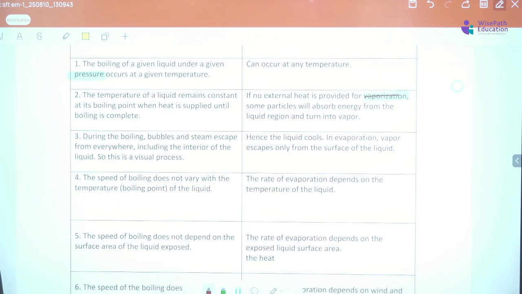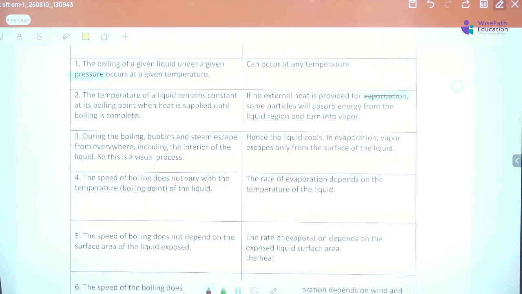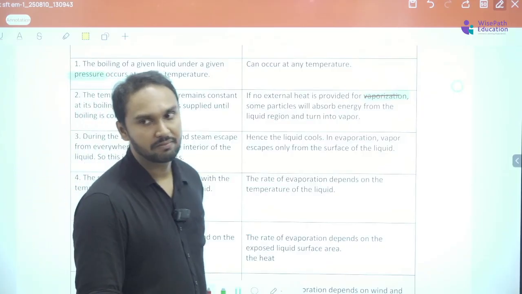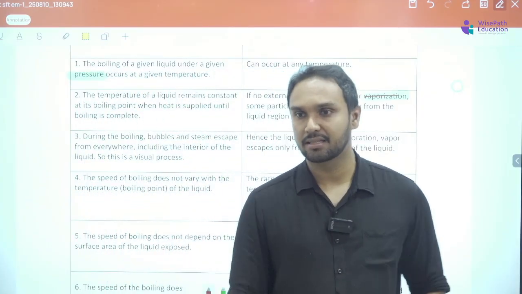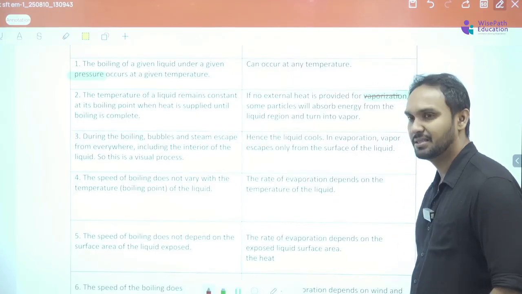Third, during boiling, bubbles and steam escape from everywhere, including the interior of the liquid. So that is a visible process. Vaporization is a visible process. You can completely see it happening. But evaporation, you can't see it happen.